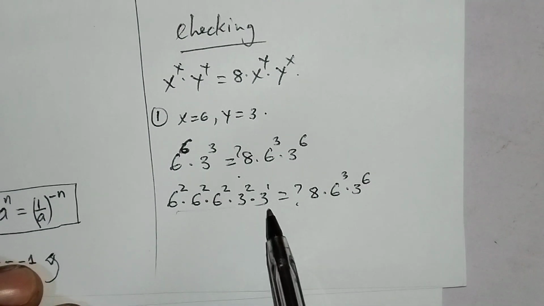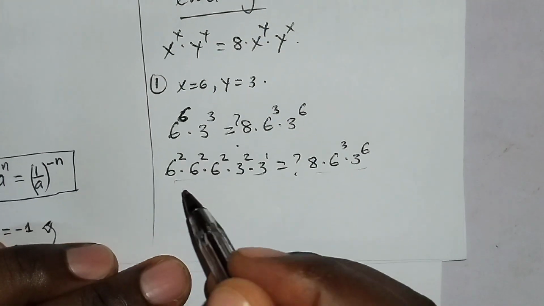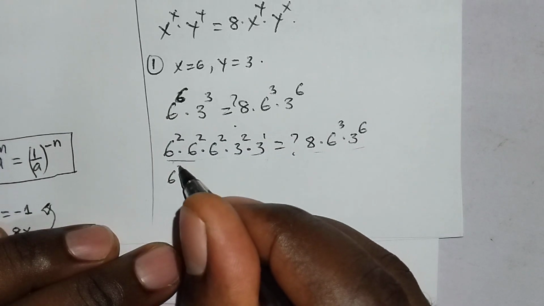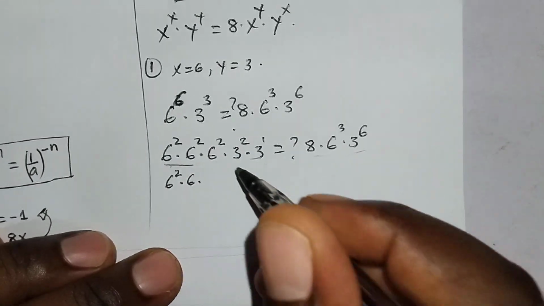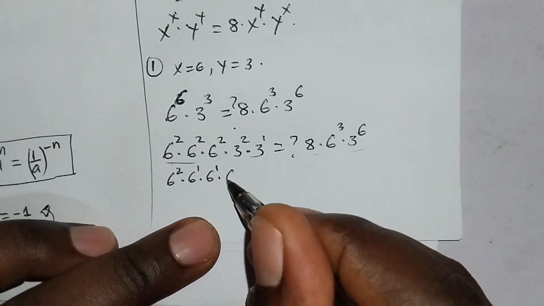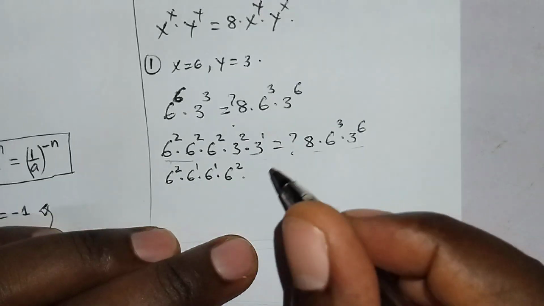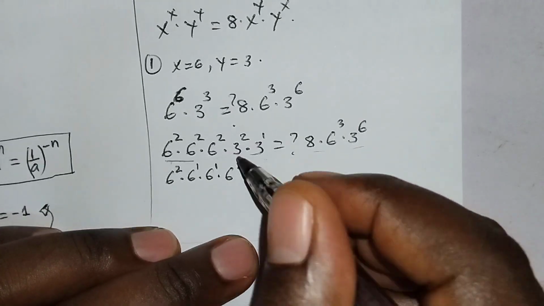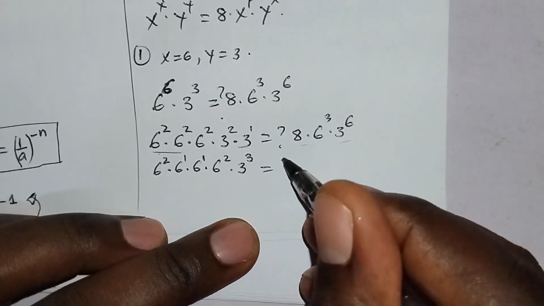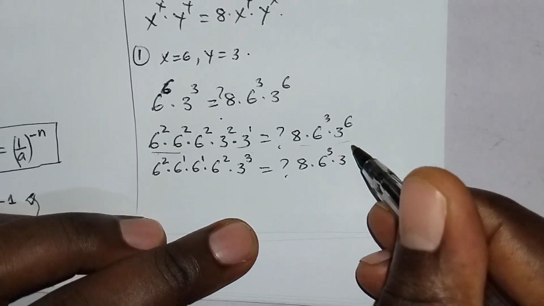Now we are going to write this in this form: 6 power 2 times 6 power 1 times 6 square times 3 power 3. Is it equal to 8 times 6 power 3 times 3 power 6?